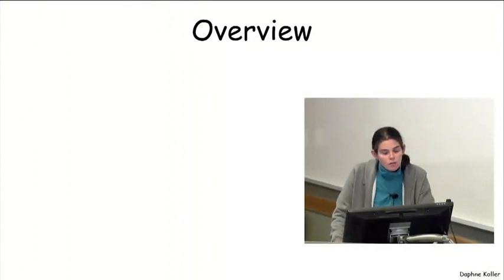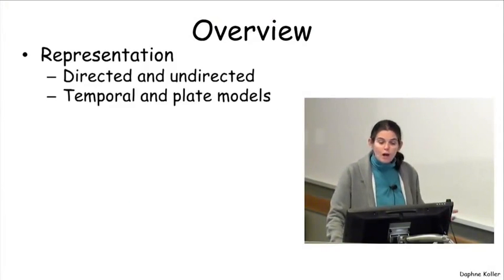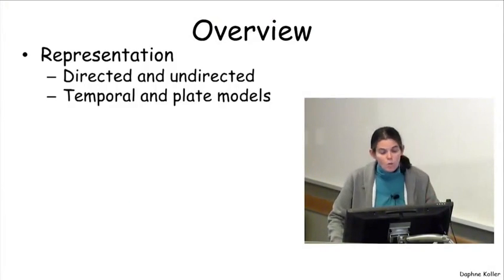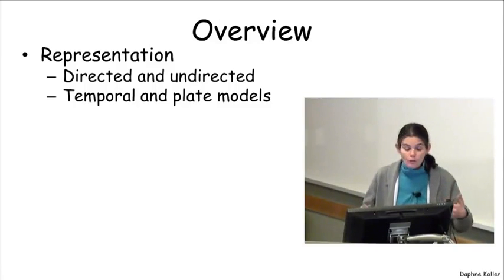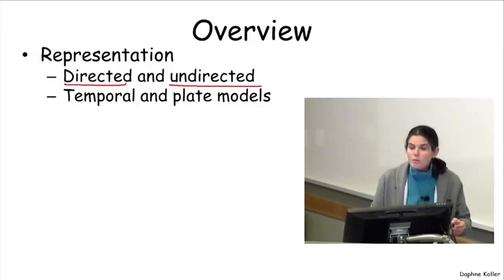So let's conclude this introduction with an overview of what we'll learn in the class. We'll cover three main pieces related to probabilistic graphical models. We'll cover representations of PGMs, including both directed and undirected representations.